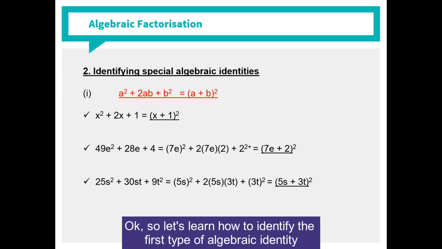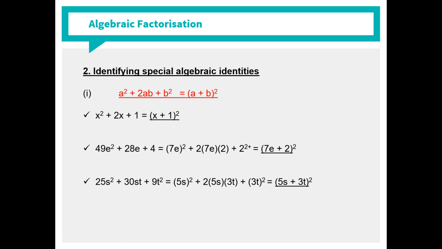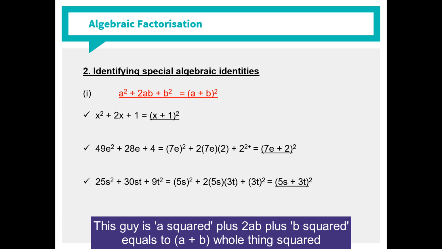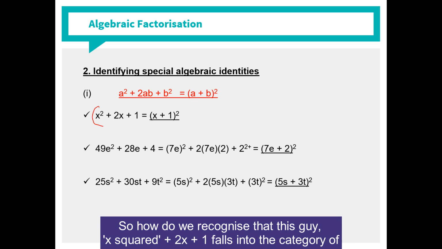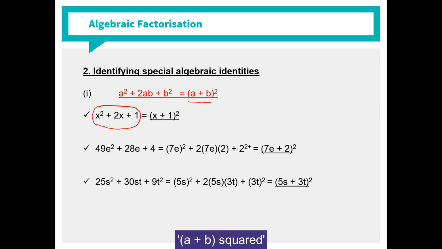So let's learn how to identify the first type of algebraic identity. This one is a square plus 2ab plus b square equals a plus b whole thing squared. So how do we recognize that x squared plus 2x plus 1 falls into the category of a plus b whole thing squared?